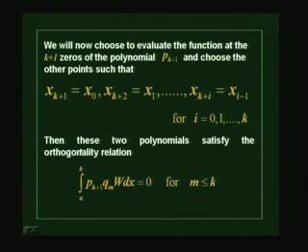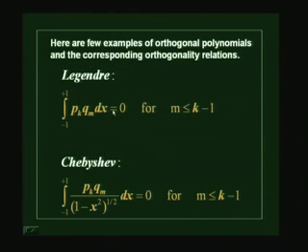So that's a summary of the quantity of that integral, and then we have some examples where we can use this quantity. The orthogonality relations are given here. For example, in the case of Legendre polynomials, this is the orthogonality relation. Note that the limits are from -1 to +1.